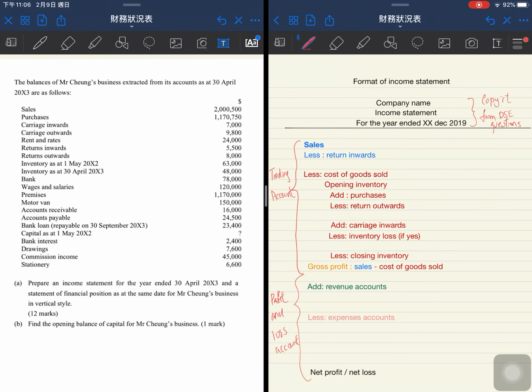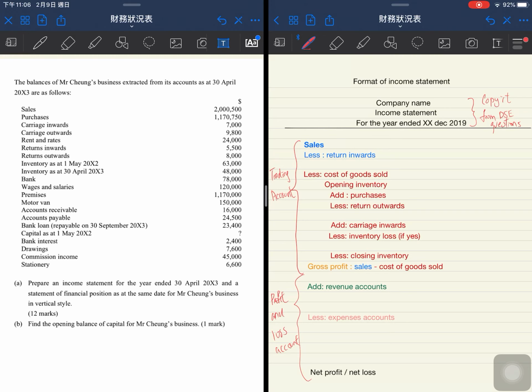Okay, let's move on to the left hand side. Here is a question: the balances of Mr. John's business extracted from his accounts as at 30 April 2003 are as follows.